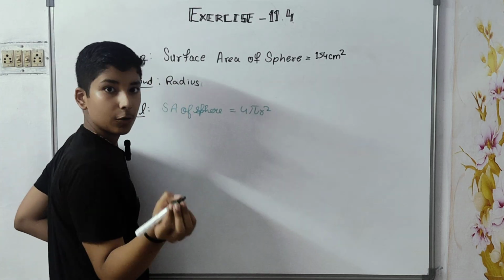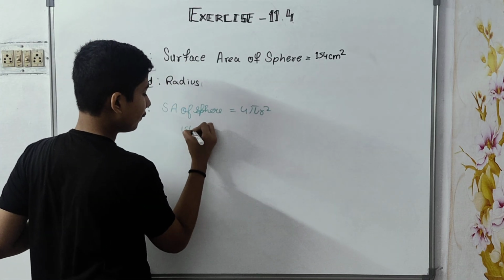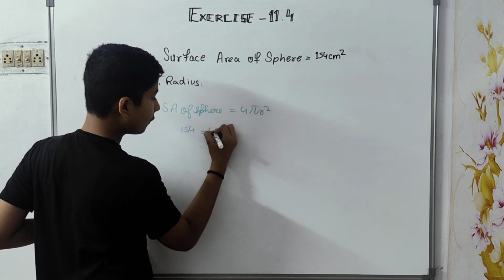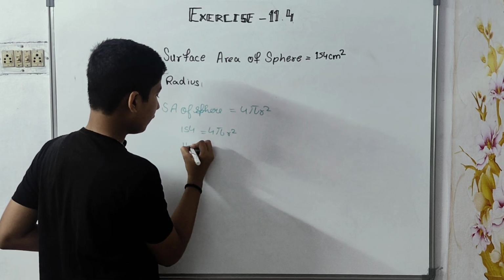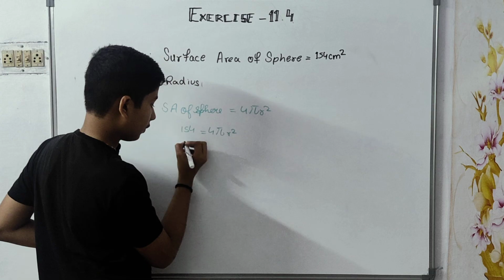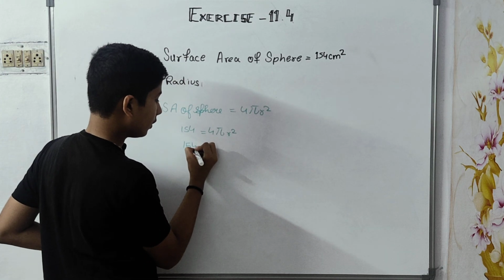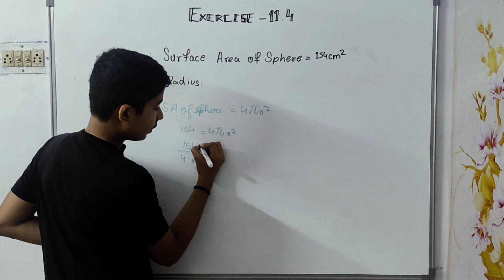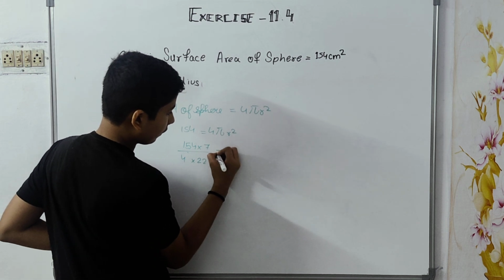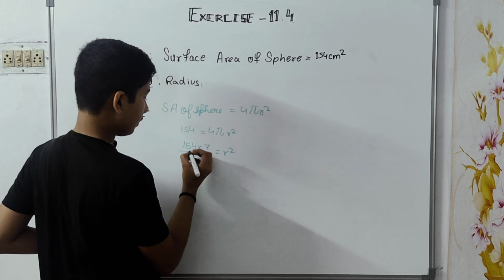Now surface area of sphere is given, 154 equals 4 pi r square. 154 by 4 into 22 into 7 equals r square.